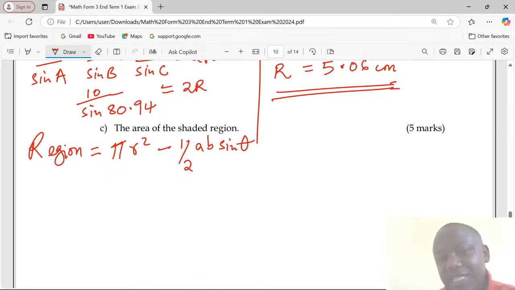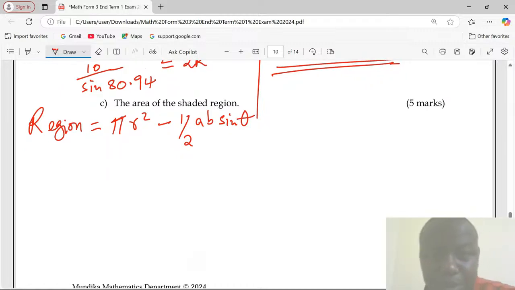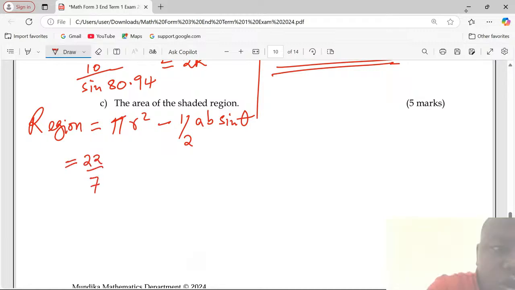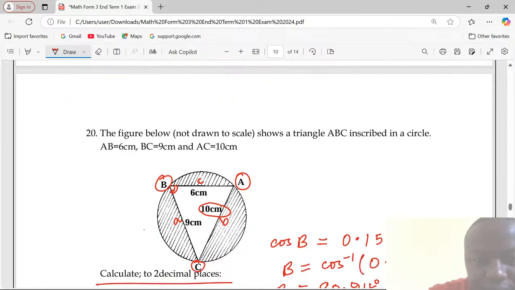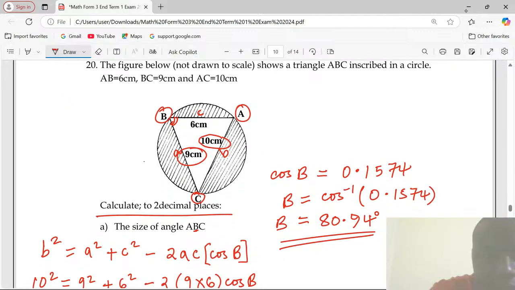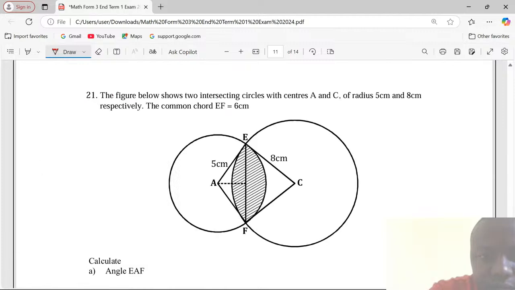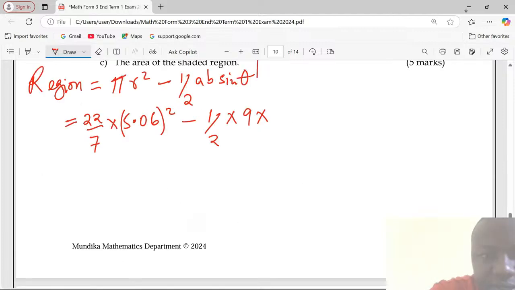I know there are many ways of getting the area of a triangle, but allow me to prefer half ab sine theta. So I take 22/7 multiplied by radius squared, 5.06 squared, then minus half multiplied by one side, which is 9, another side 6, multiplied by the sine of the angle between them, so sine of 80.94.